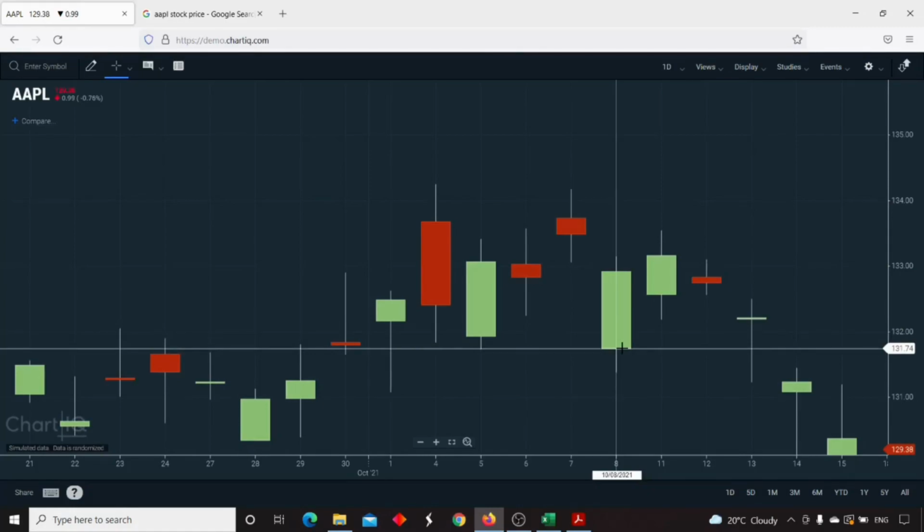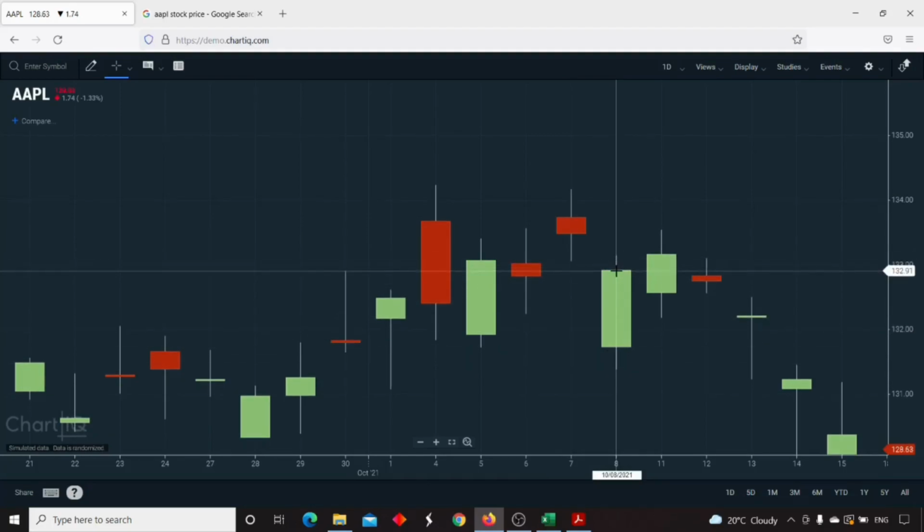Right side margin, you can see the price 131.74. It came down a bit to 131.4 and then all the way climbed up to, this is the high, 133.15, and then closed at 132.93, making a green candle.